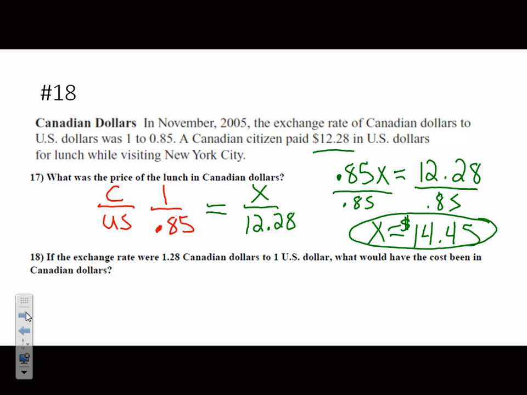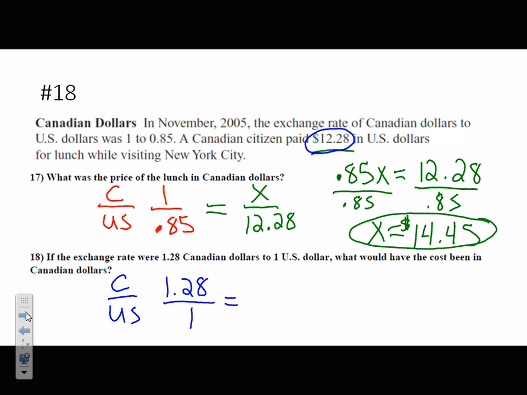Now, 18 is the one you have the question on, so we had to do that first one in order to do this one. It says if the exchange rate were $1.28 Canadian dollars to 1 US dollar, what would the cost have been in Canadian dollars? So we have Canadian over US dollars, 1.28 over 1. And now what I think is a little bit confusing is we're going to use this again.